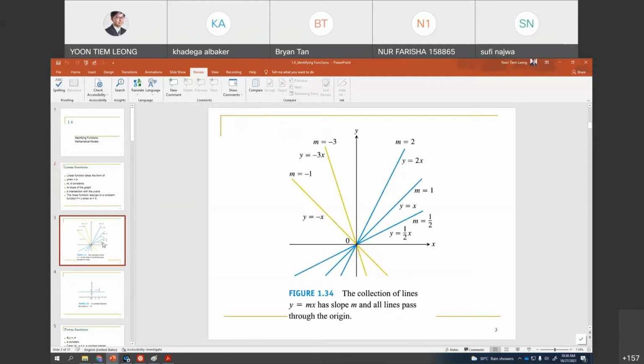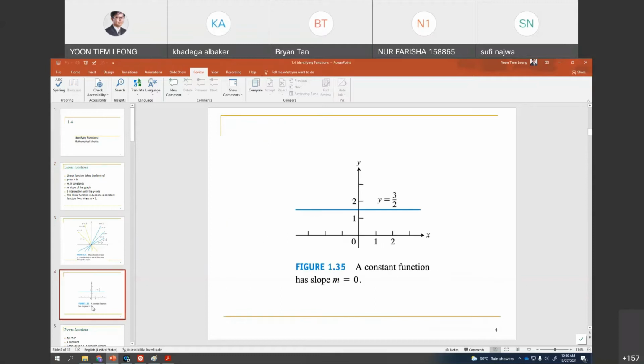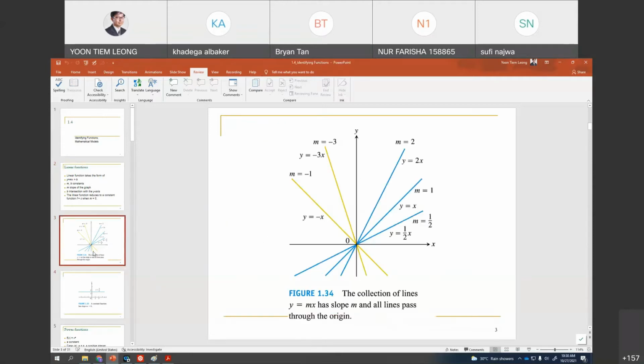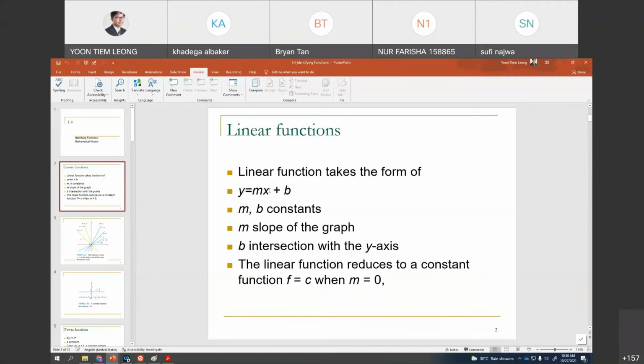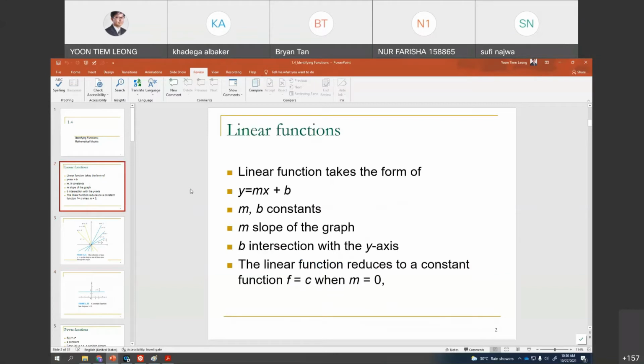When you set m to 0, you get a constant function, and the value of the constant is the value of b.